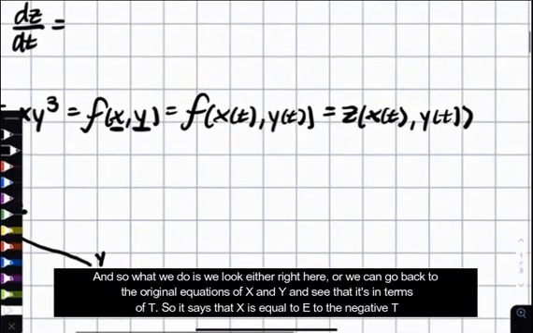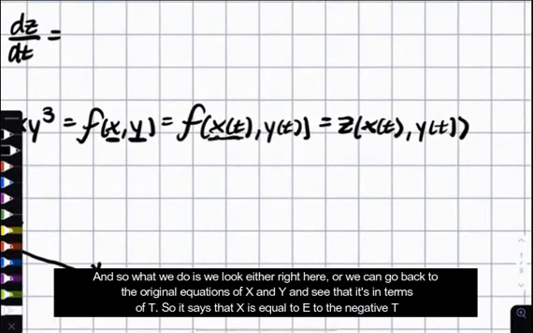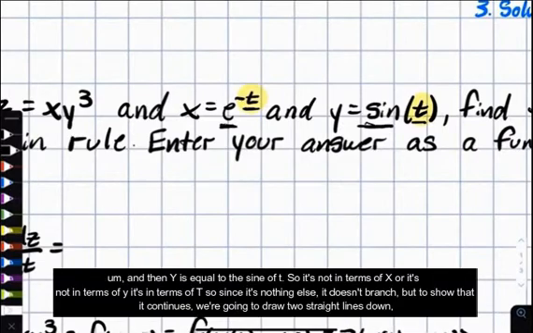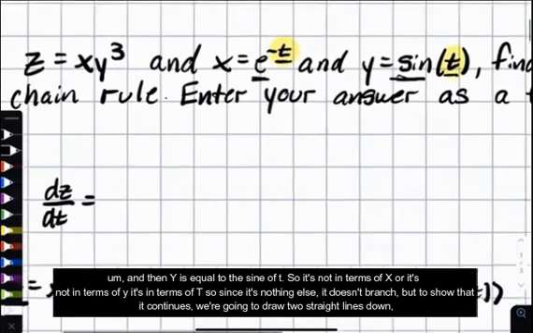We look right here, or we can go back to the original equations of x and y and see that it's in terms of t. It says that x is equal to e to the negative t, and y is equal to the sine of t.